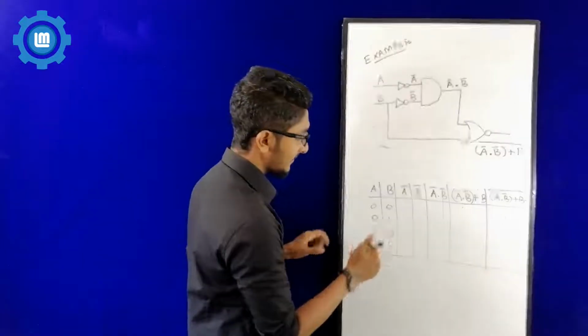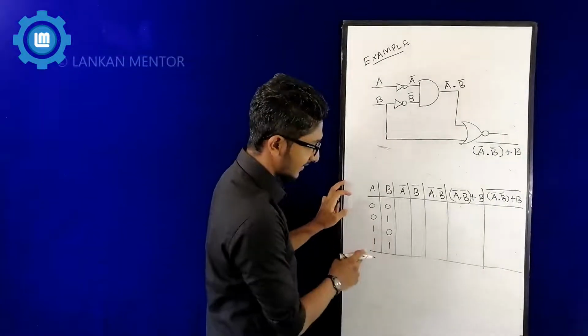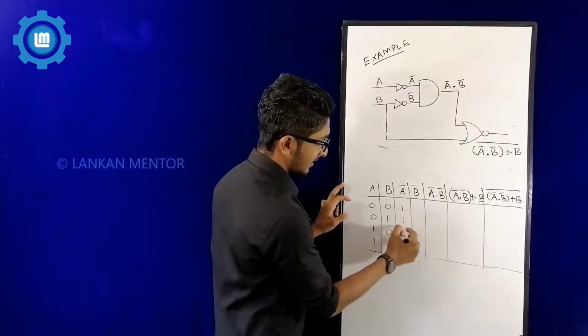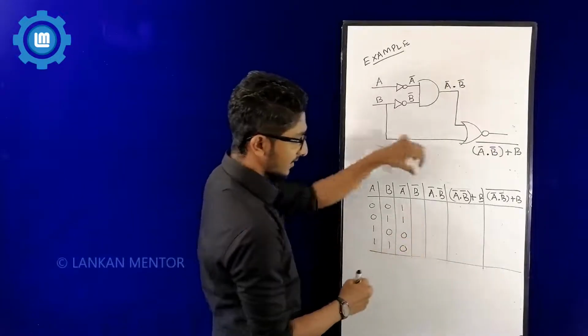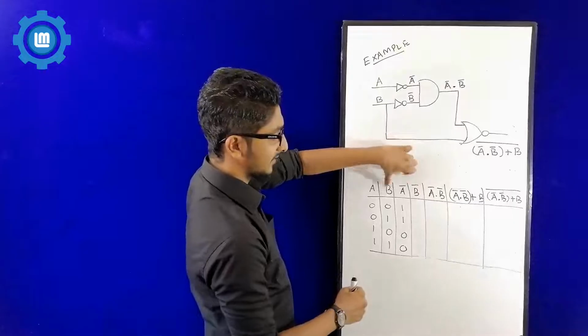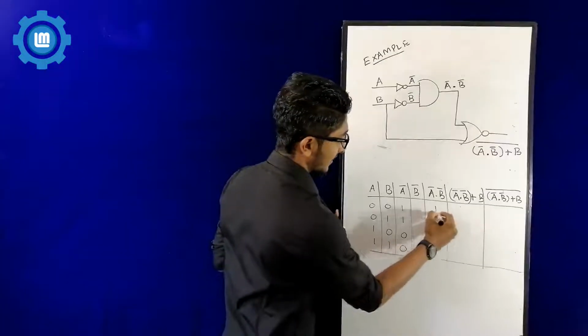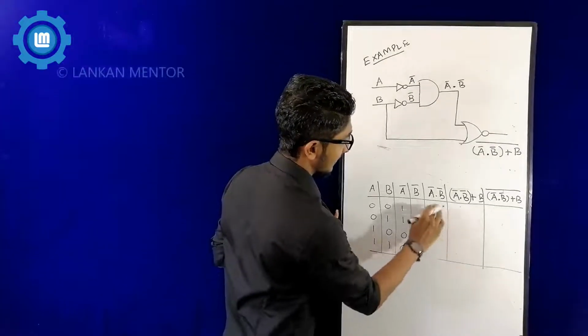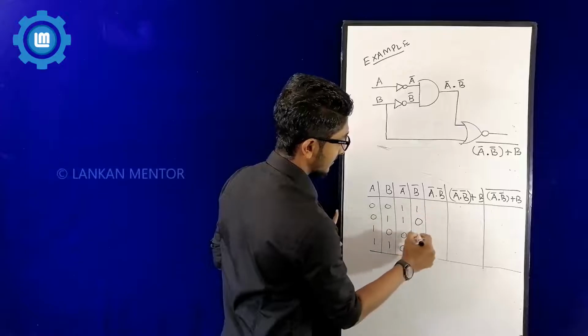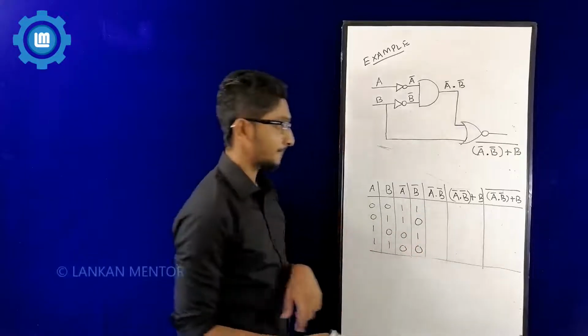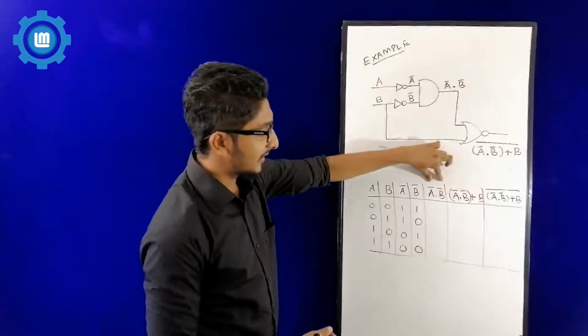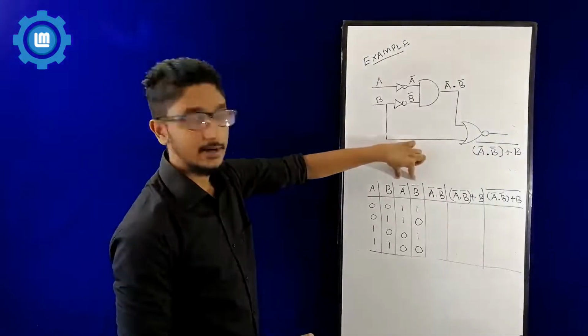Okay? Right, so A bar means the opposite of A, so 1, 1, 0, 0. B bar means opposite of B, so 1, 0, 1, 0. Right, now you have to multiply A bar dot B bar.